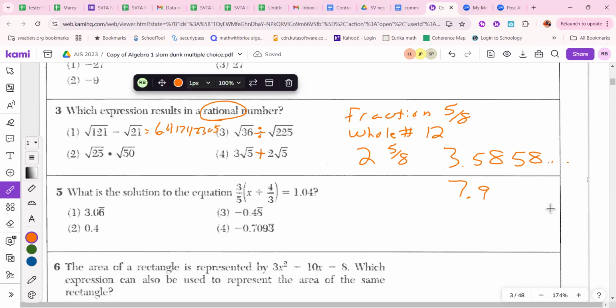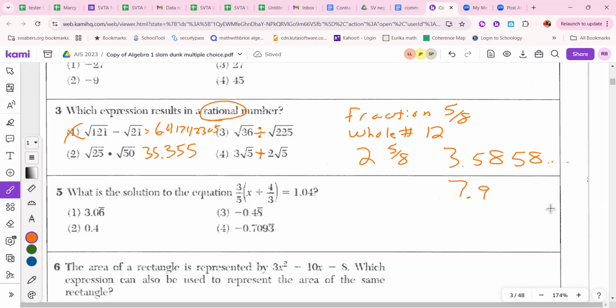So we type each of these into our calculator, and that one equals 6.41742305. Now, the calculator ran out of room, so it doesn't stop, it doesn't repeat. This one is 35.355. Uh-oh, looks like it might be repeating. 33 looks like it might be repeating, but no, 906 does not repeat. This one, hang on a second, this is 6 divided by 15, which is a fraction.